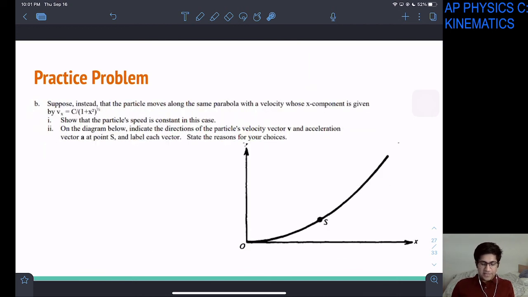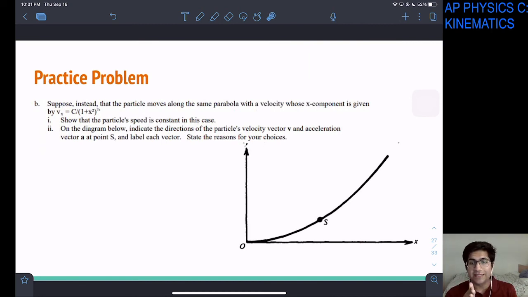Part B, suppose instead that the particle moves along the same parabola with a velocity whose x component is given by this expression. So now we're not traveling at constant speed on the x-axis, but this time we have an expression. Show that the particle's speed is constant in this case. Hold on. Speed is what?